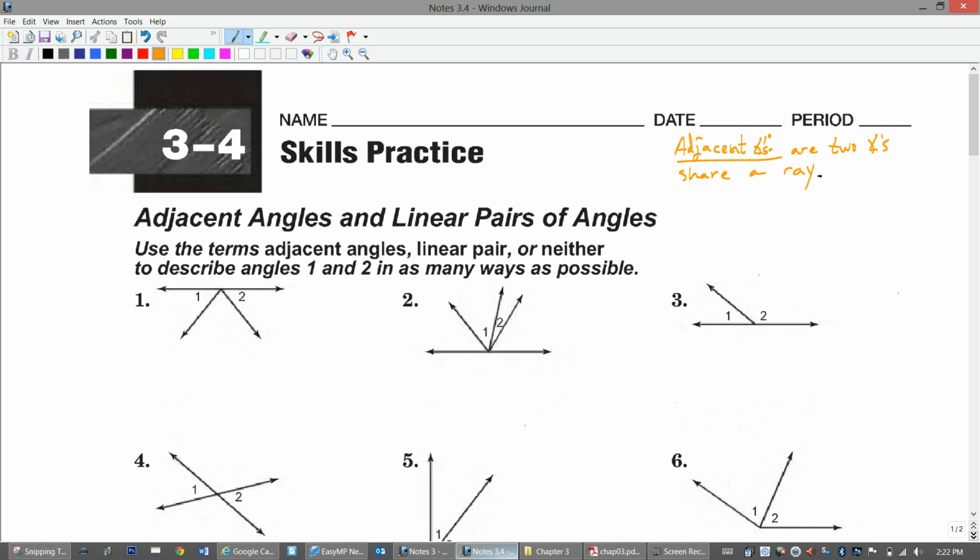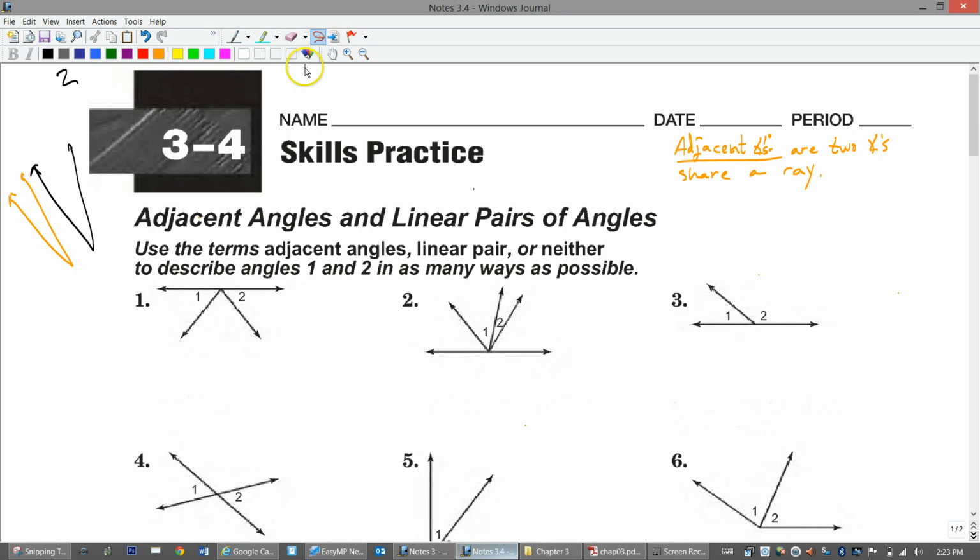Okay, but we can't just leave it as next to each other, because if we do, we can say that this and this are adjacent angles. Yeah, they're next to each other, but they're not officially adjacent angles because there are no rays that overlap. That makes sense?